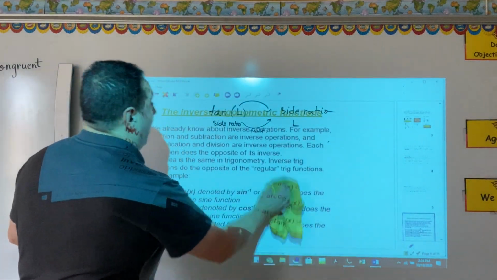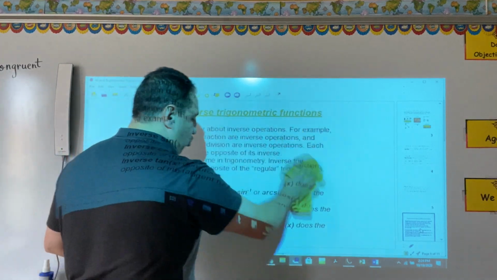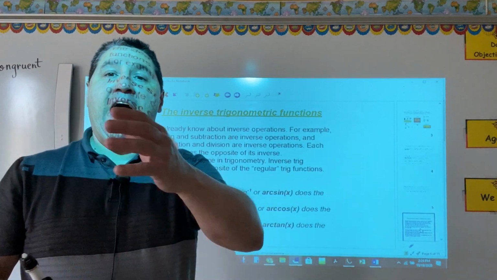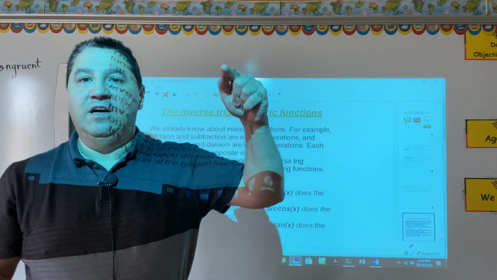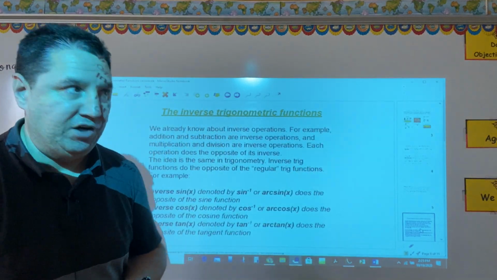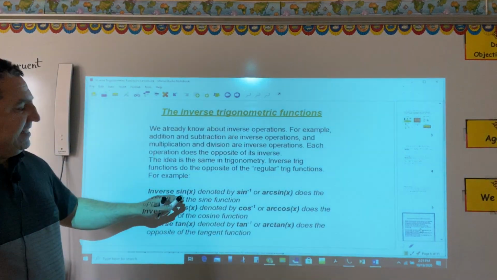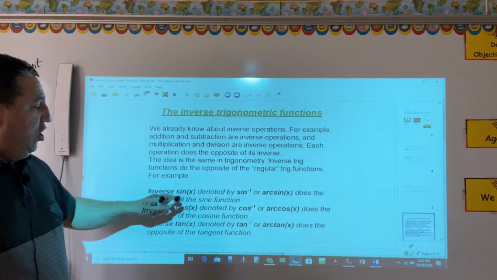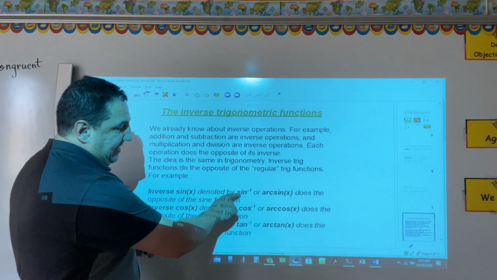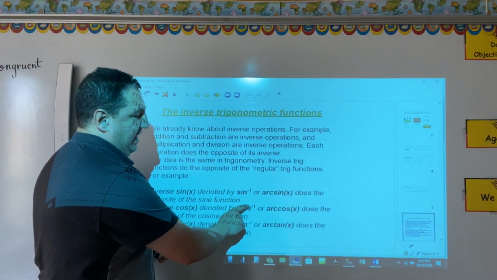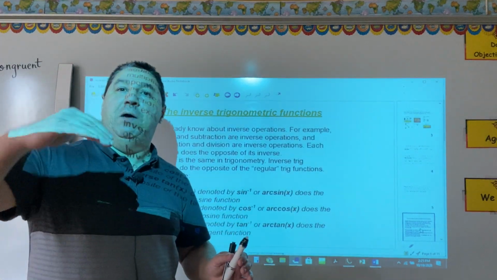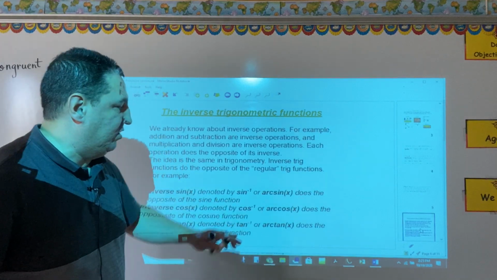Because we have three trigonometric ratios, we're going to have three inverses, one for each trigonometric ratio. For example, for sine of an angle, we'll have an inverse of sine, which is denoted by sine of -1, so don't confuse this notation with the power of -1. It's just a notation.